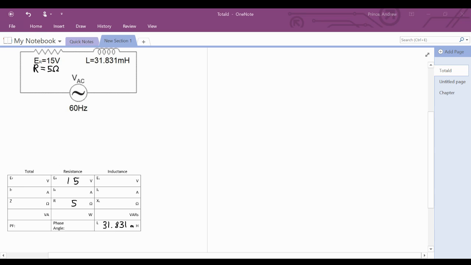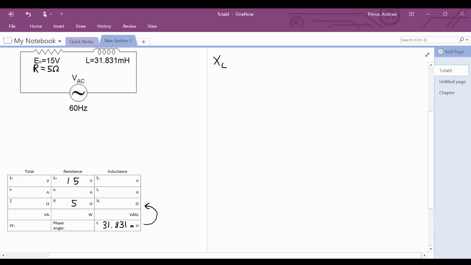Which values can we solve for? So if you remember before, we would need two values in any one category, and then we would be able to solve for a missing third and fourth value. And here, I see I can already solve for the current, but let's go ahead and do something with our inductive reactance here. Let's convert our inductance into inductive reactance, and we have the formula for that.